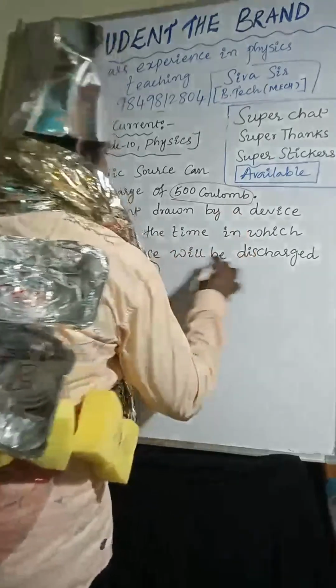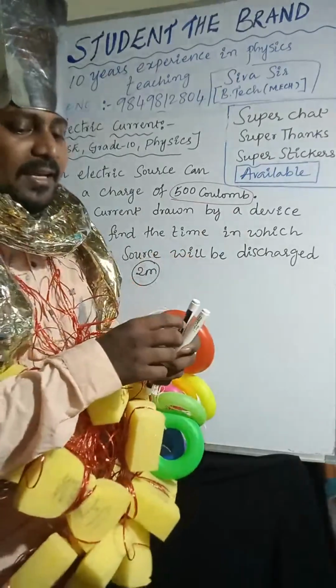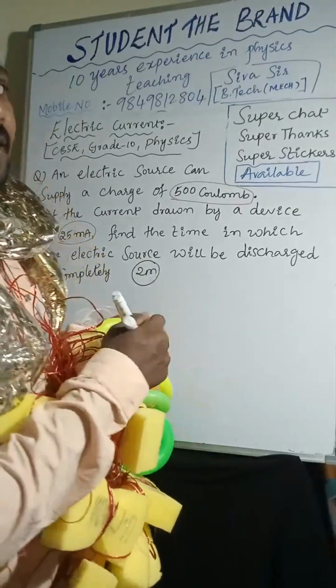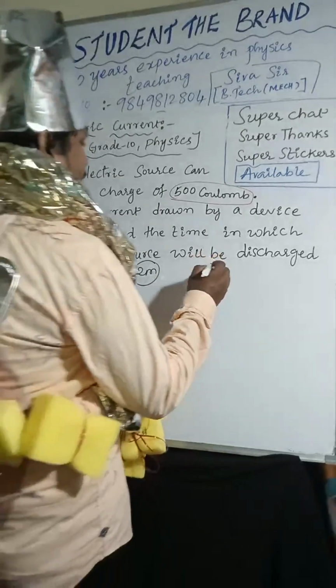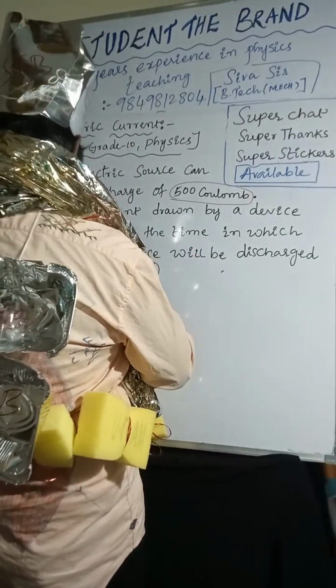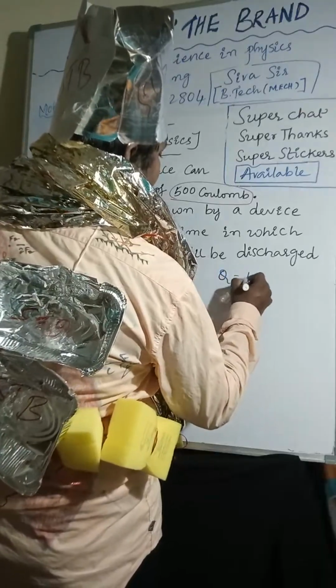Find the time in which the electric source will be discharged. Charge Q is given: Q equal to 500 coulomb.